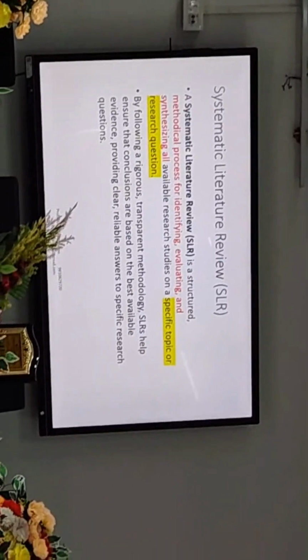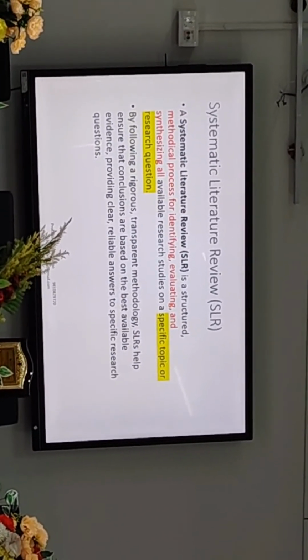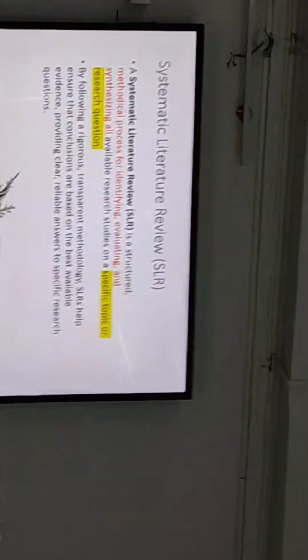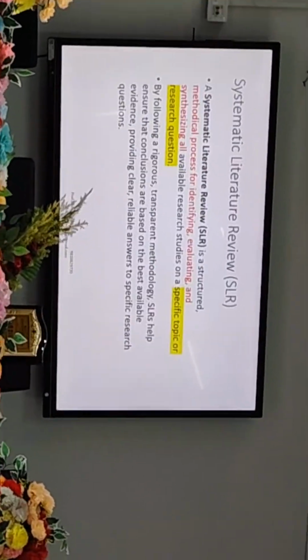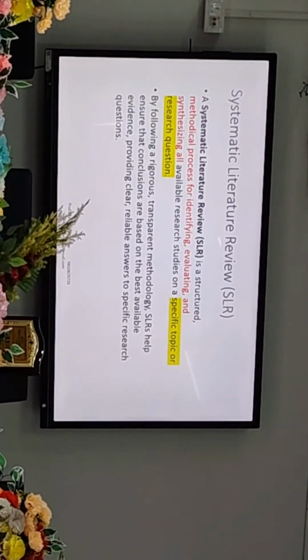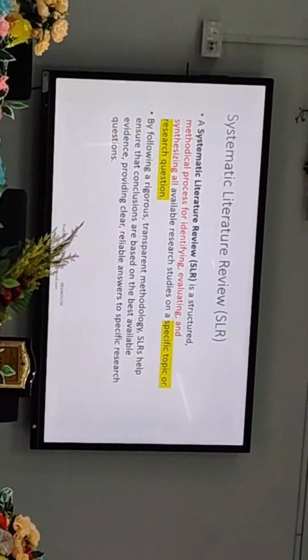The definition says a systematic literature review is a structured, methodical process for identifying, evaluating and synthesizing all available research studies on a specific topic or research question.